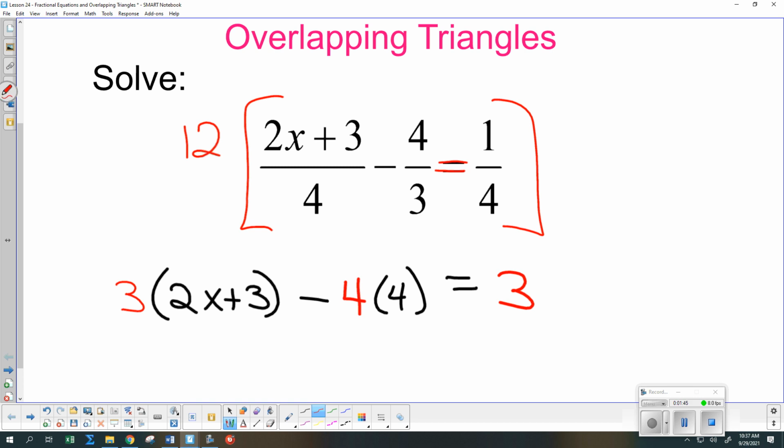Okay, so then you guys go ahead, race me on this one. Distribute, combine your like terms, and see what we come up with.